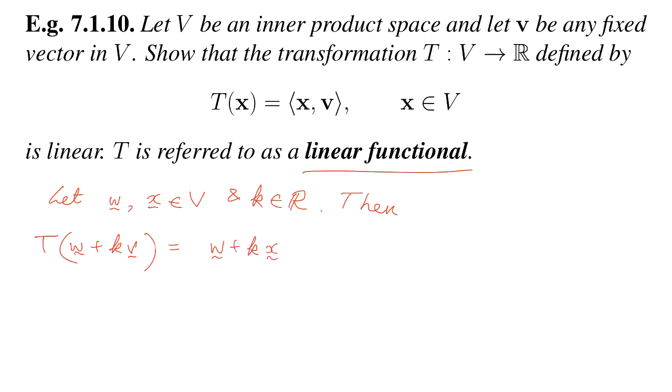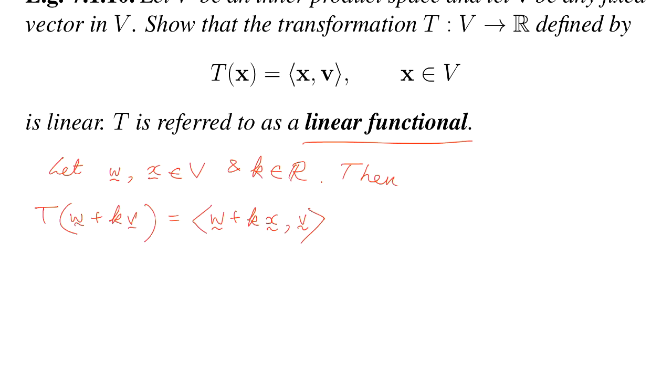So I'll actually need two axioms. I'll need axiom 1 as well. So that's the definition of T. From our lemma, we know we're also linear in the first argument. That's sticking axioms 1 and 2 together.